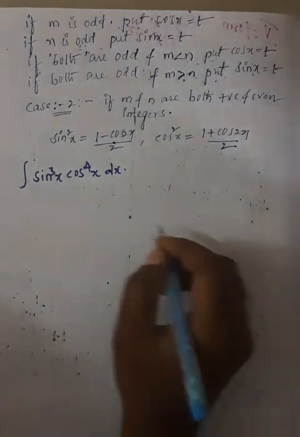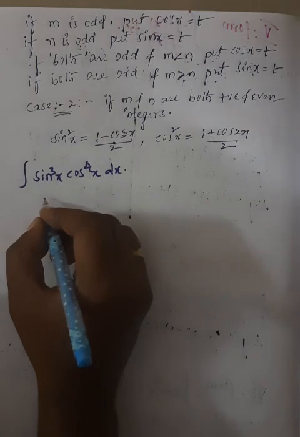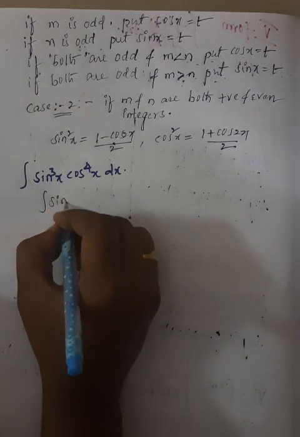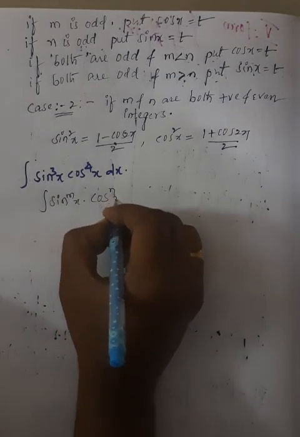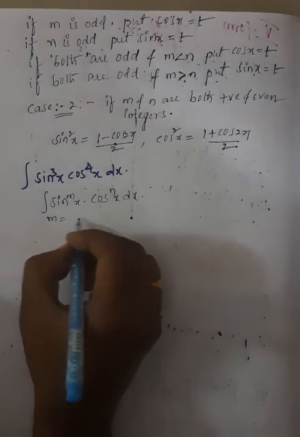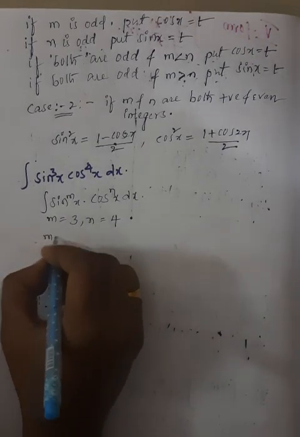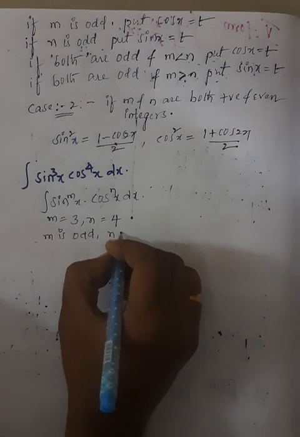So here the question is integration of sin cube x into cos power 4x dx. First of all, you have to compare the given question with integration of sin power mx into cos power nx dx. So here m equal to 3, n equal to 4. So here m is odd, n is even.